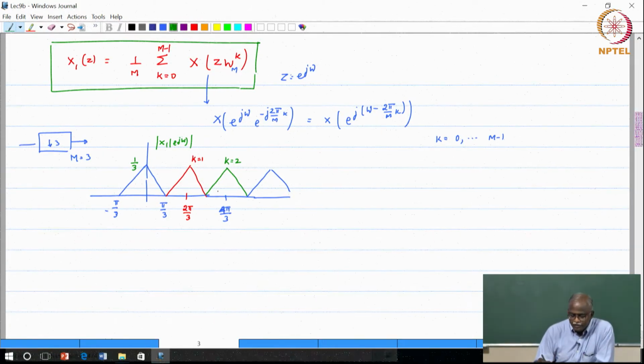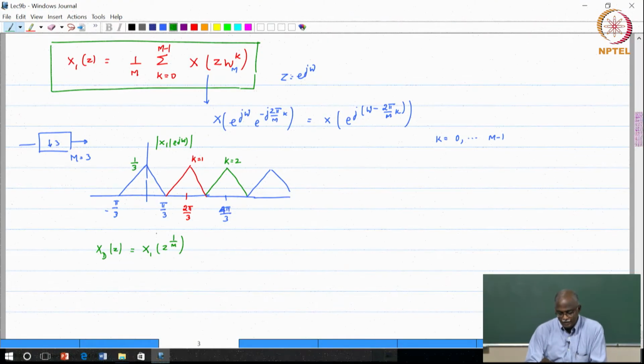Having visualized this, it is a very simple step to go from there to the downsampled signal, because we already know the following relation: Xd of z, the spectrum of the downsampled signal, is x1 of z^(1 over m). Okay, this we derived in the beginning of the last lecture.